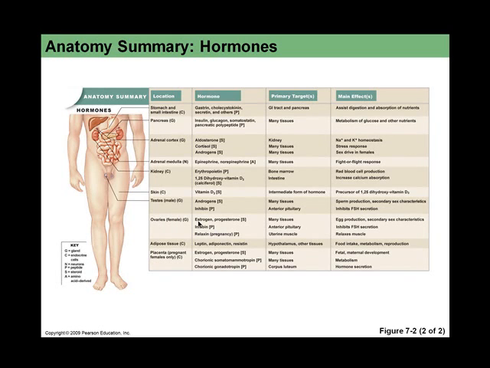The ovaries in the female, estrogen and progesterone, are the primary steroids categories. Estrogens and progestins, and estrogen and progesterone are the major types of steroids within those two categories. So there was the general category of androgens in the male. In the female, there are estrogens, estrogen, which is strictly 17-beta estradiol, is the common estrogen, and progesterone is the common progestin.